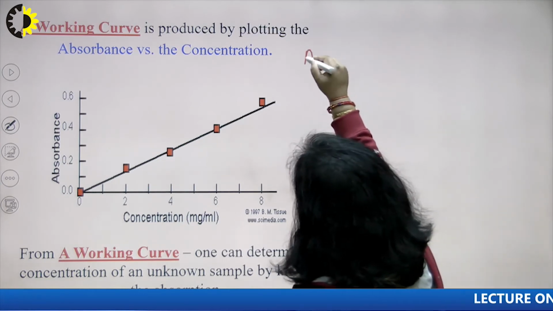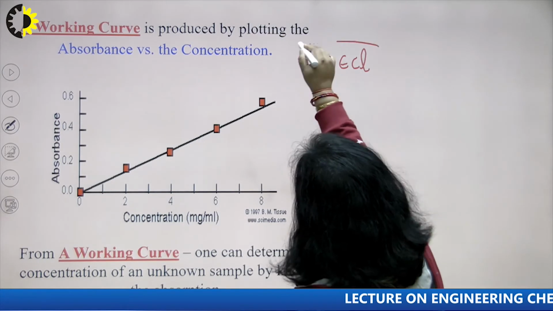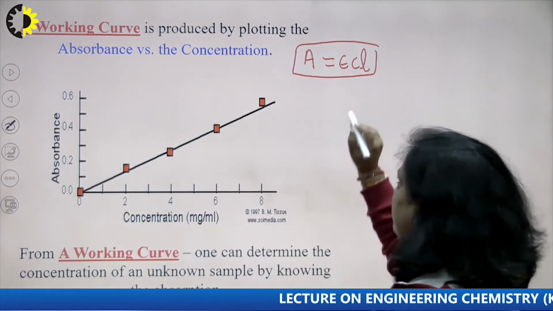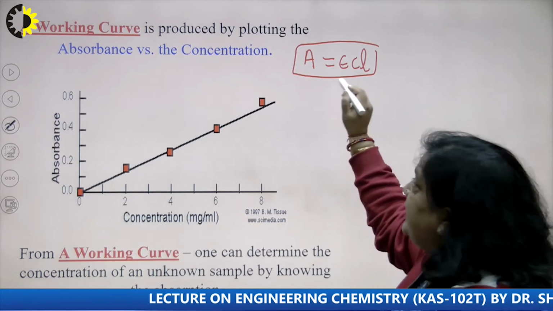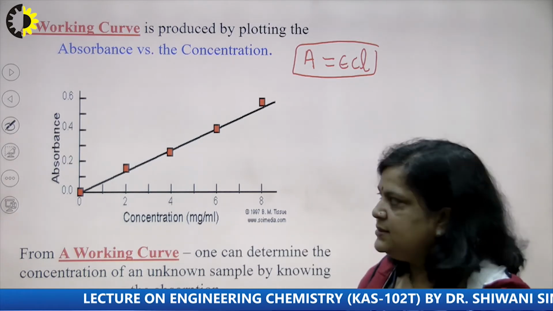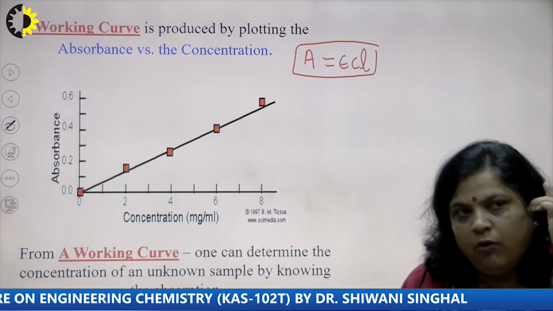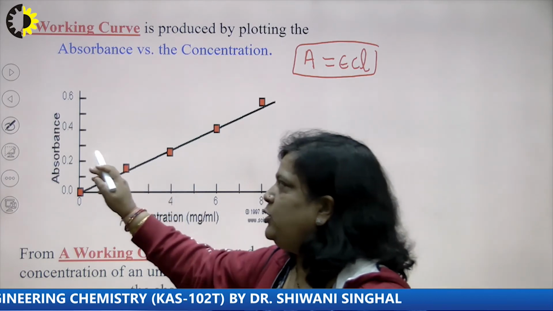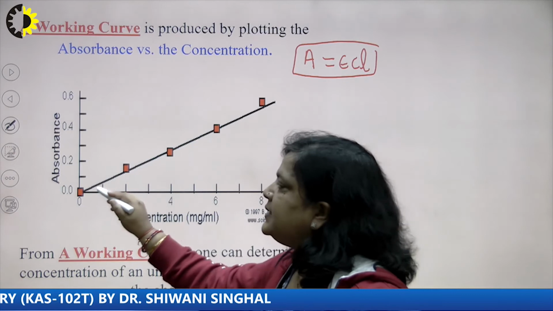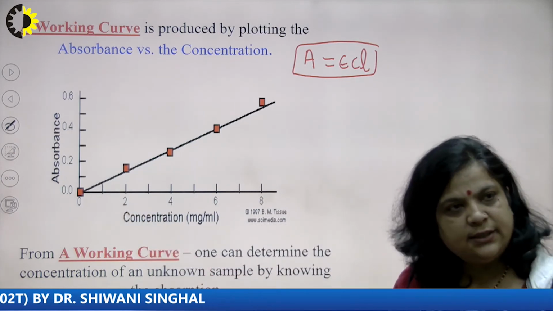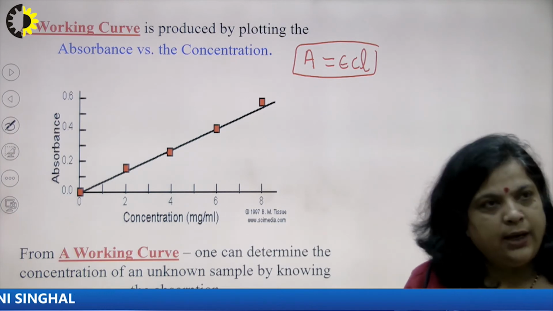A is equal to epsilon C L. It means for a fixed value of L and epsilon, A and C have a linear relationship. It means for the same spectrophotometer, if we draw a plot between absorbance and concentration, we get a straight line passing through the origin. But there may be some deviation after one value.